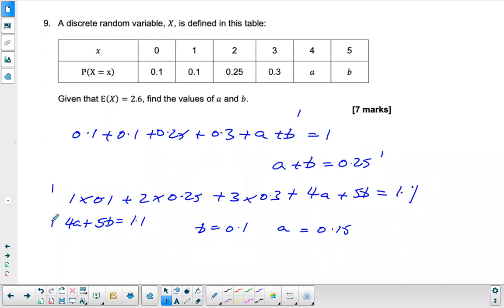And 1 for finding a method for solving the equations, and 1 for each of those answers. And there you have it for a total of 60 marks.